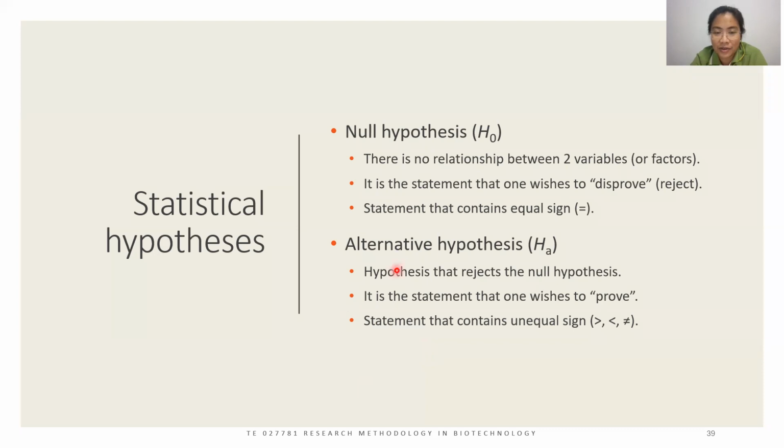If you want to see which one is the null hypothesis or the alternative hypothesis, one thing that might come to mind is the equal sign. If it has an equal sign, it is the null hypothesis.